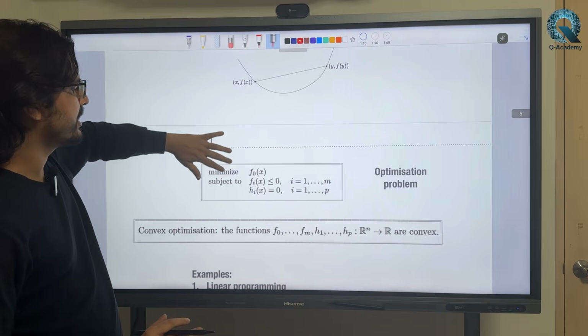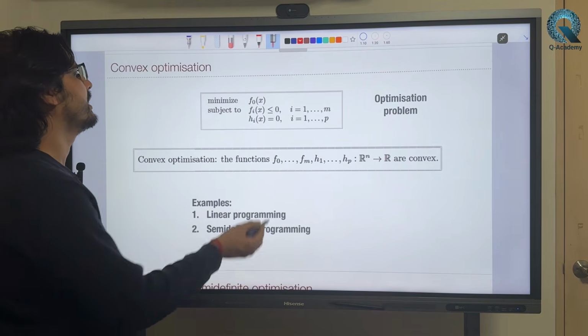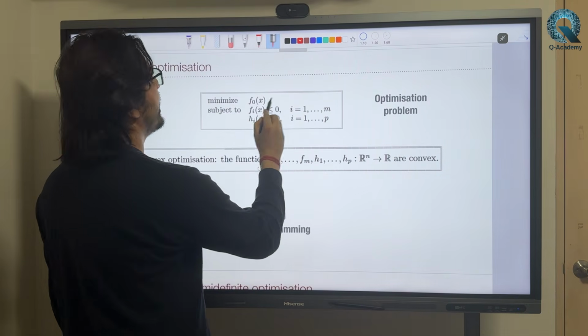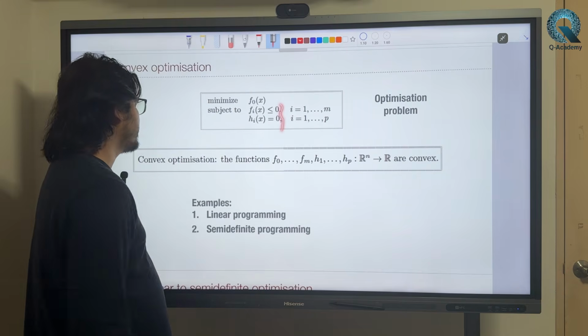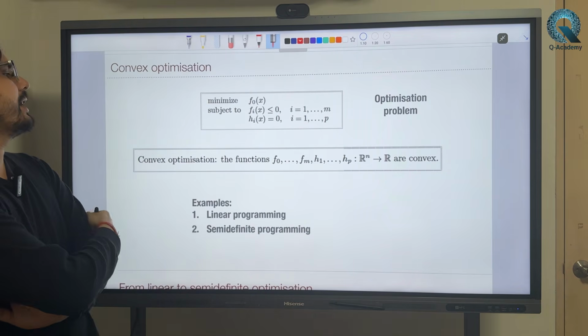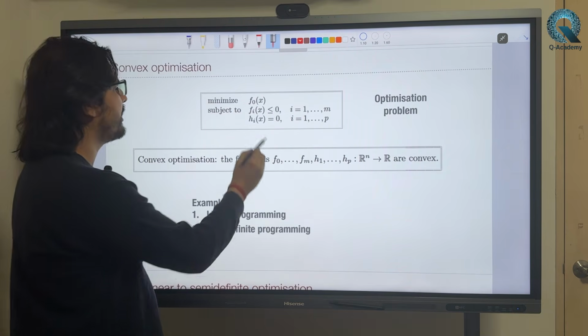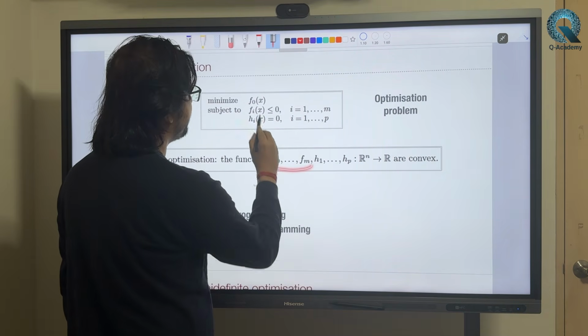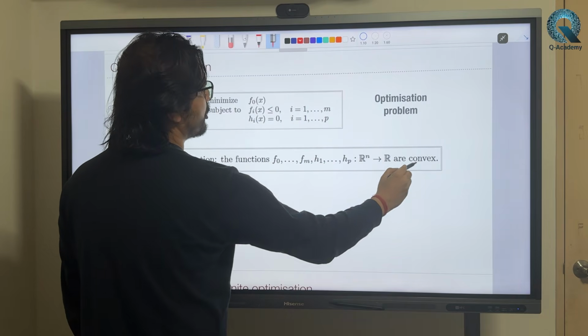Convex optimization is basically an optimization problem where you have, let's say, this is your objective function and these are your constraints, and the optimization problem is called convex if the functions f0 to fm and h1 to hp are all convex.